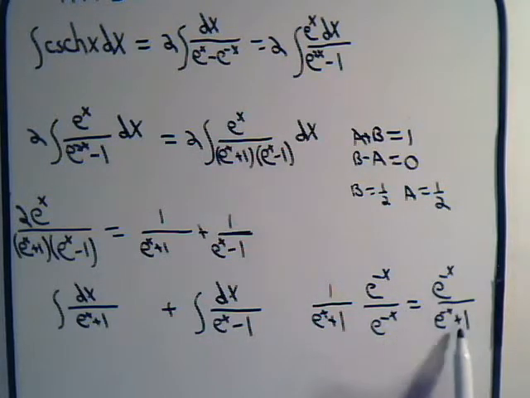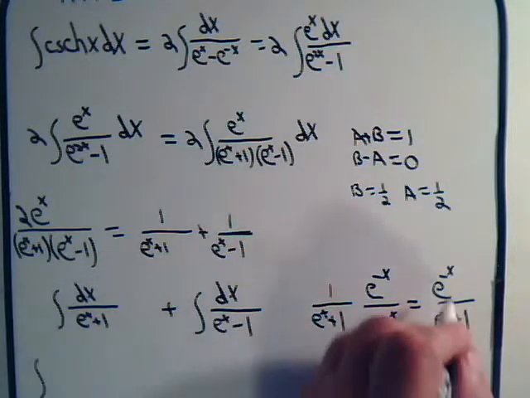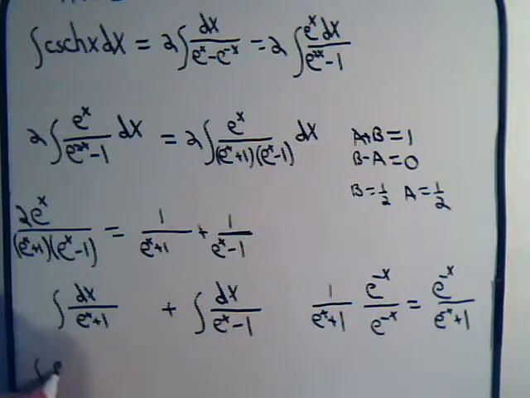Now I can use a u du substitution here. If I call this u, du will be minus e to the minus x. So we go back over to here. Rewrite this integral. It is e to the minus x divided by 1 plus e to the minus x dx.